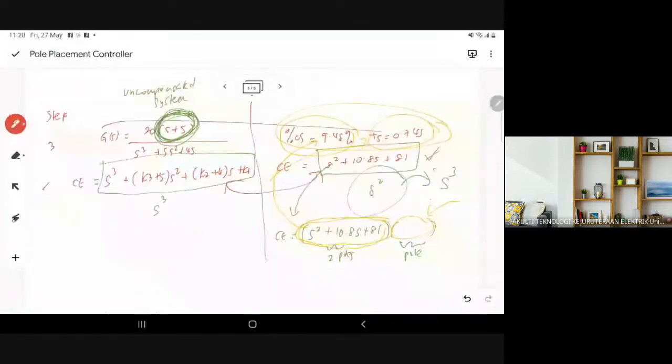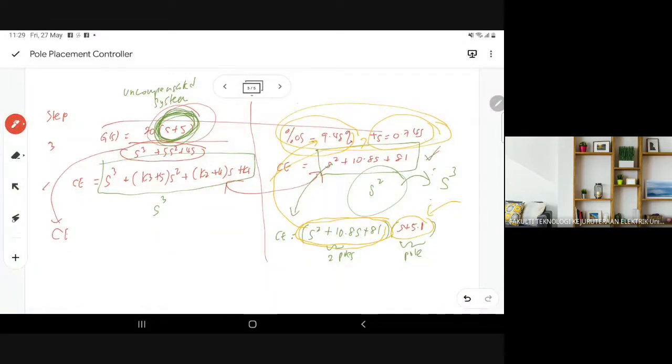the third pole equal to the zero, s plus 5. However, we cannot choose the exact value. We need to choose a slightly changed value such as s plus 5.1 or s plus 5.001, anything as long as it is not the same value. Why is that? Because from the uncompensated system, we just change the characteristic equation, right?